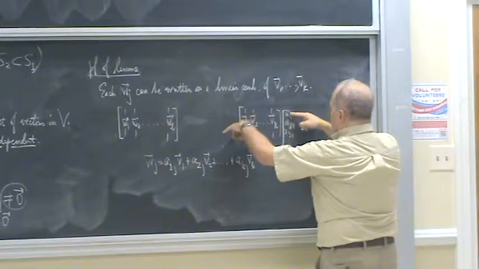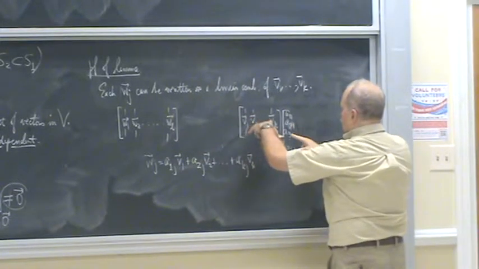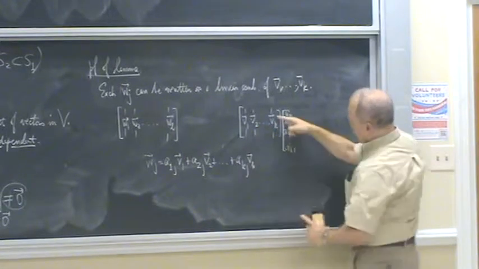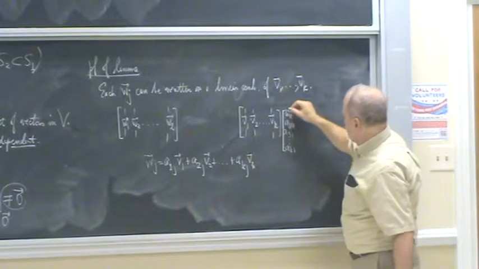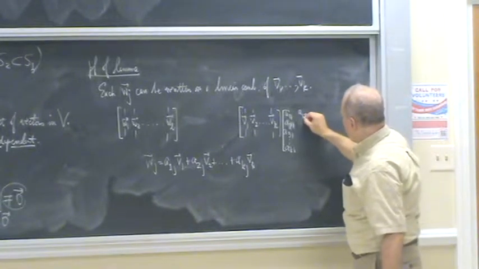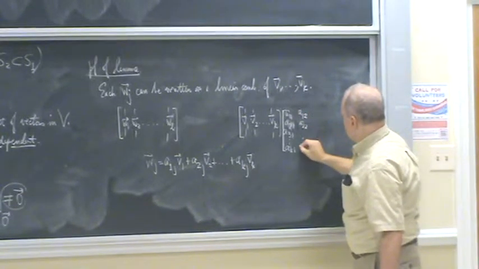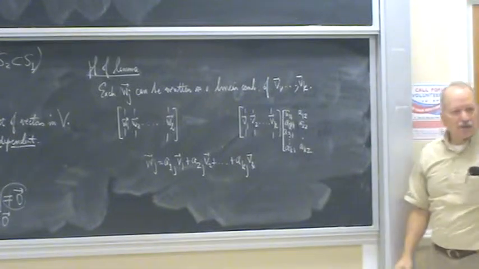If I take this many V1s plus this many V2s plus this many V3s up to this many VKs, that's giving me W1. Then I do the second column, and it gives me W2.